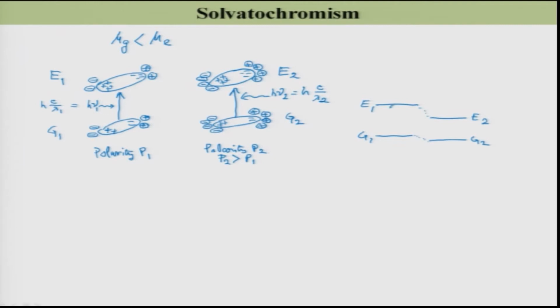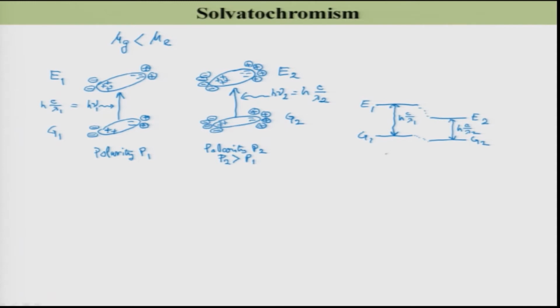You see here this energy difference is h c by lambda 1, and in this case it is h c by lambda 2, and the first energy is more than the second.